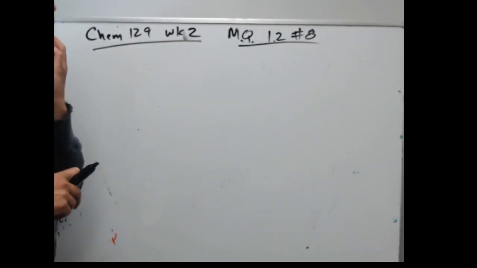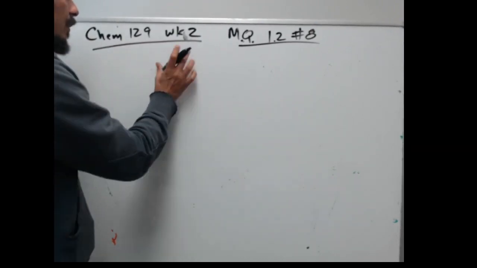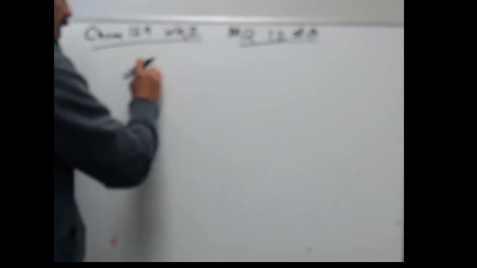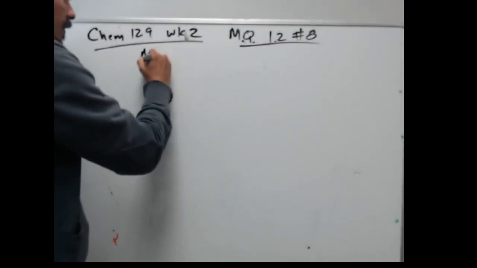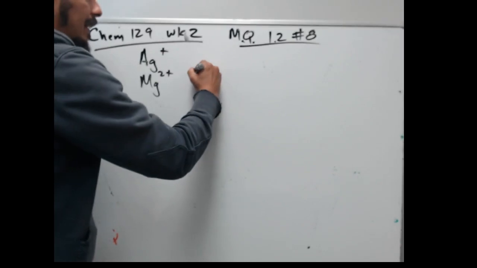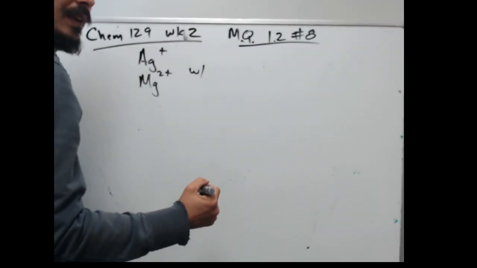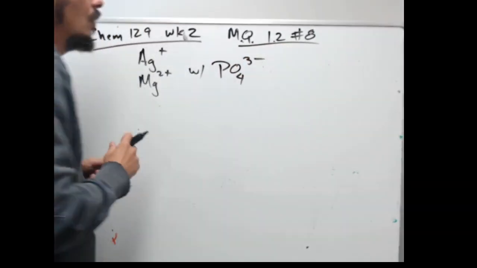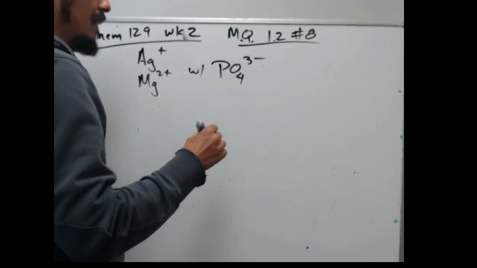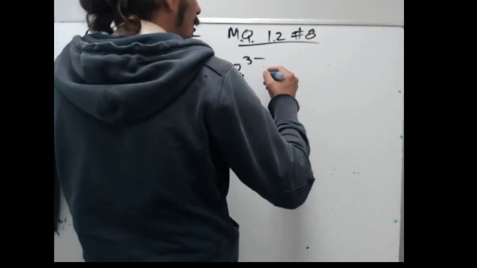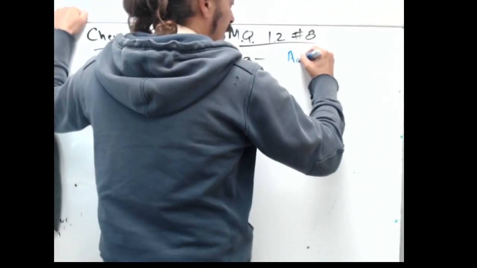It talks about the solubility. It's doing a comparative solubility between silver and magnesium with phosphate. And when we look at the KSP values for silver phosphate and magnesium phosphate, we come to a certain conclusion.